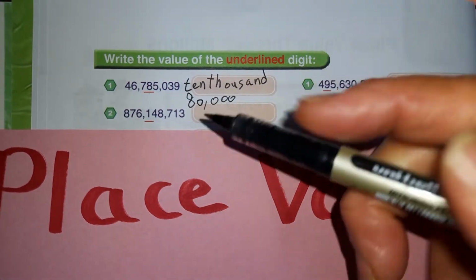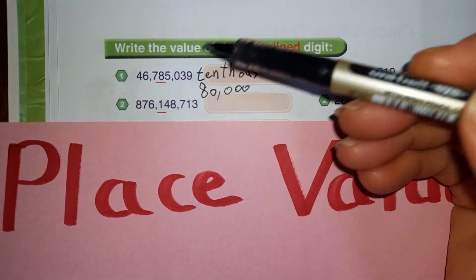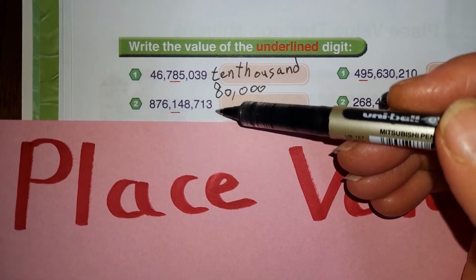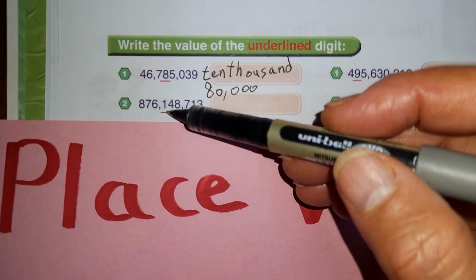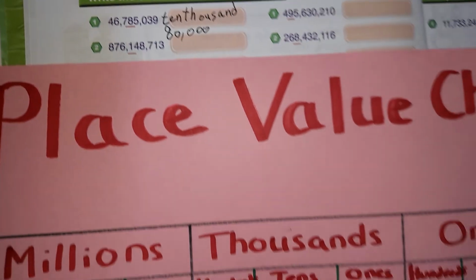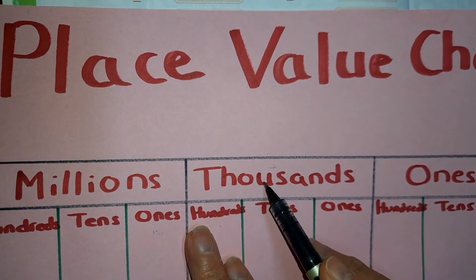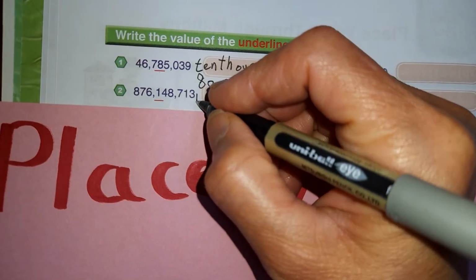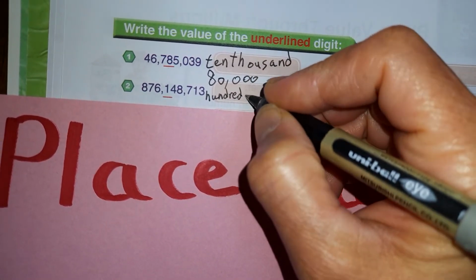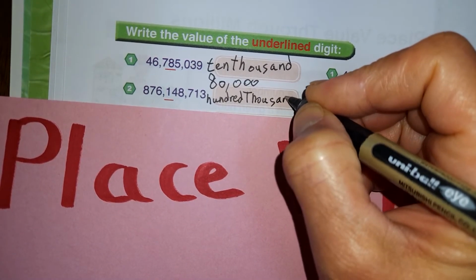Let's go down. Let's read the number first. 876,148,713. Where is the underlined digit? 1, 2, 3, 4, 5, 6. It is 100,000. So I will write here 100,000 thousands.